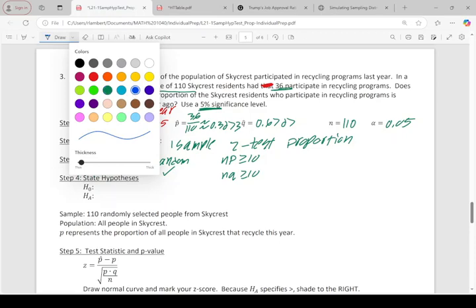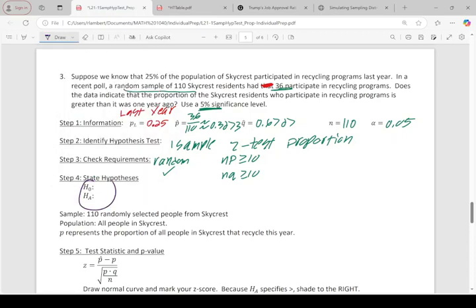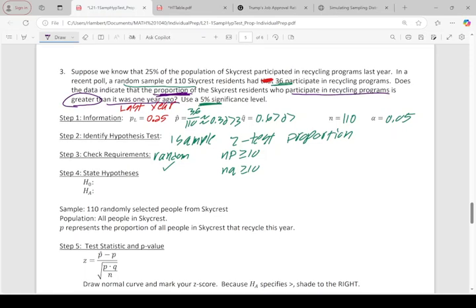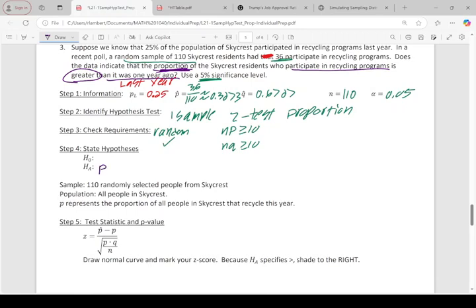So the easiest way to get your hypotheses is to think about the claim. Here's the claim in purple. What we're trying to test is whether the proportion who participate is greater than it was a year ago. So p is a proportion, we have a greater than, and what was the proportion a year ago? 0.25, it told us.